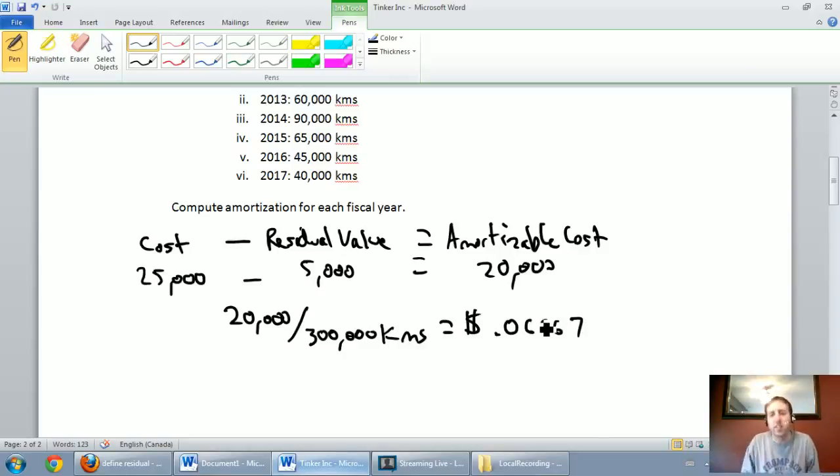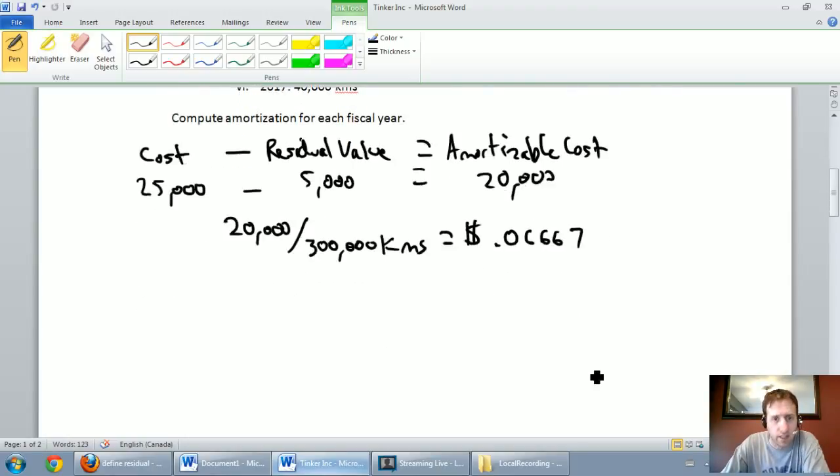In other words, I think this thing deteriorates 6.7 cents for every kilometer I drive it. Now, if I had planned this better, I would have used an even number, but that's fine. This is going to work for our computations, and this is no problem. So let's go ahead and amortize this asset then.